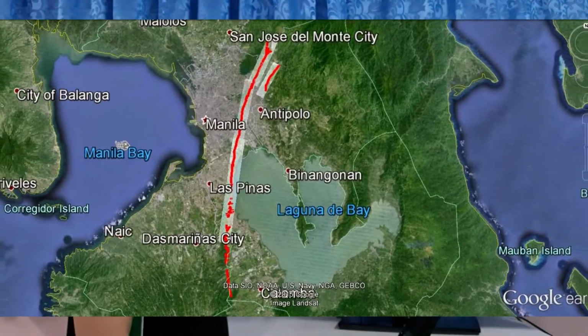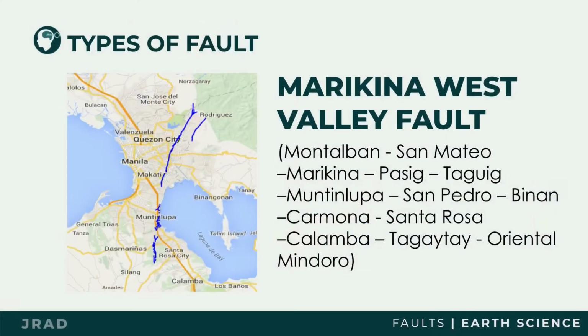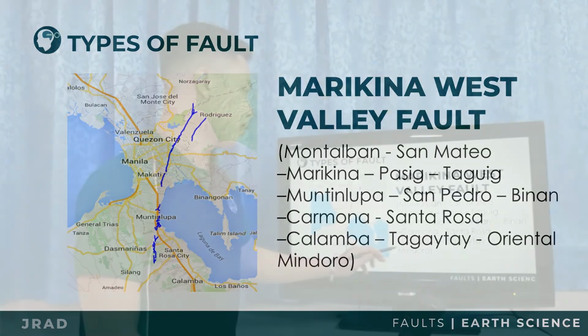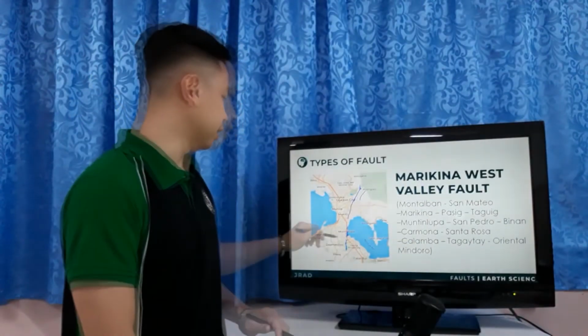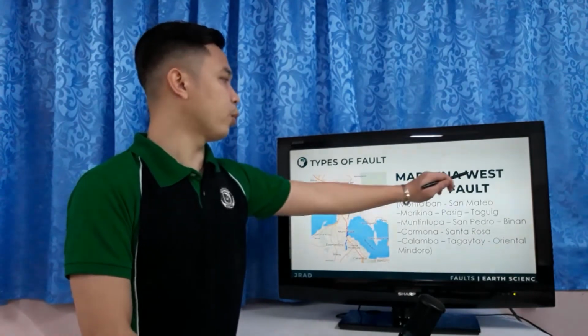It is composed of the following provinces and cities: Montalban, San Mateo, Marikina, Pasig, Taguig, Muntinlupa, San Pedro, Binan, Carmona, Santa Rosa, Calamba, Tagaytay, and Mindoro Oriental.